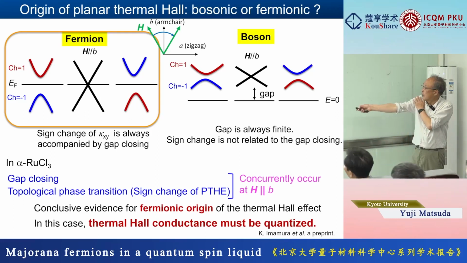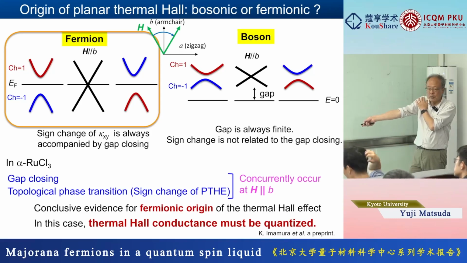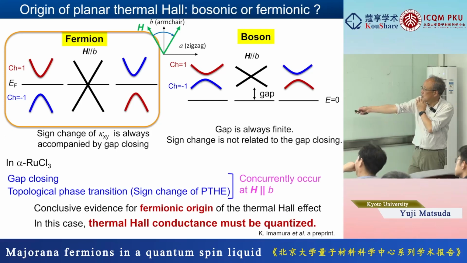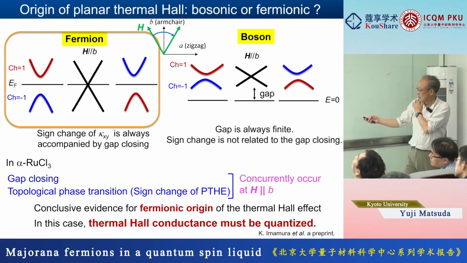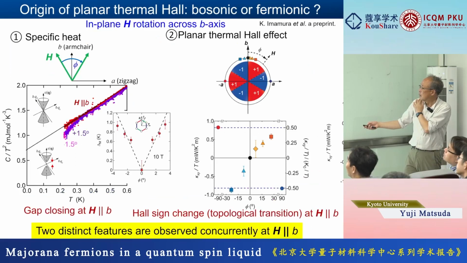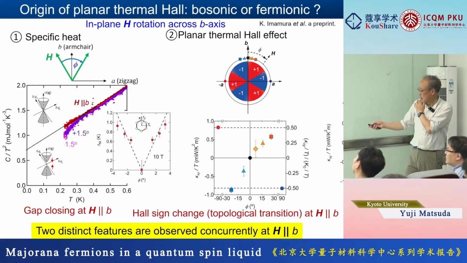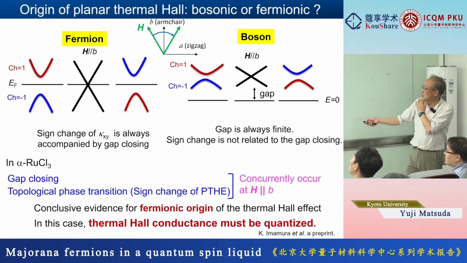Our result provides concrete evidence of the fermionic origin, because it's impossible to explain our result by magnons. As a special case shows, gap closing occurs at a critical field, and at the same time the sign change occurs. So my point is, it's impossible to explain this behavior by bosons.